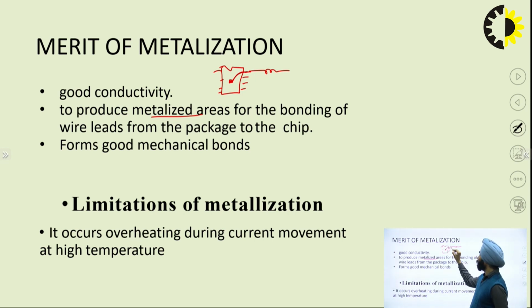This wire will give a leg of the die. So these different wires will give the different connections between the external components and the die. These wires will be created through the metallization.